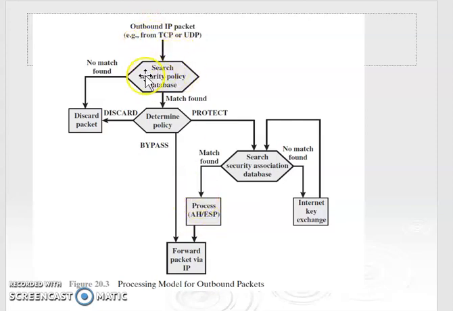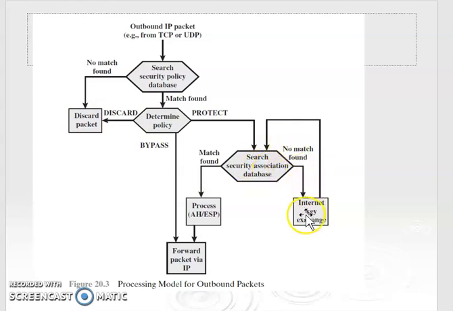Now suppose that a match is not found in the security policy database, then the packet will be discarded. Similarly, if an appropriate policy is not found, then the packet will be discarded. We'll also see if the security association is not found.